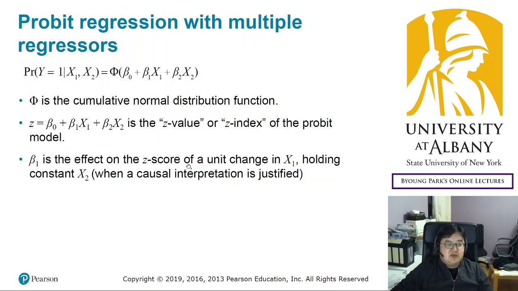Interpretation is similar. Beta 1 is the effect of x1 on the z value when x2 is held fixed. But what is the effect on the z value? It has no interpretation. The z value has no real interpretation, so that could be a little bit troublesome in some cases.